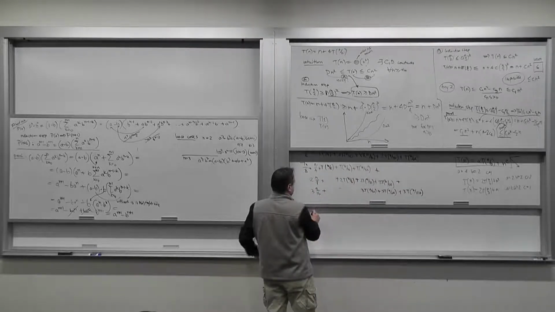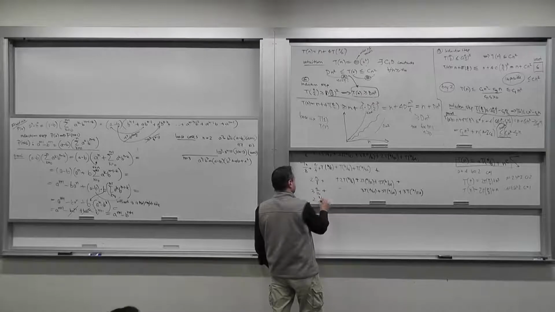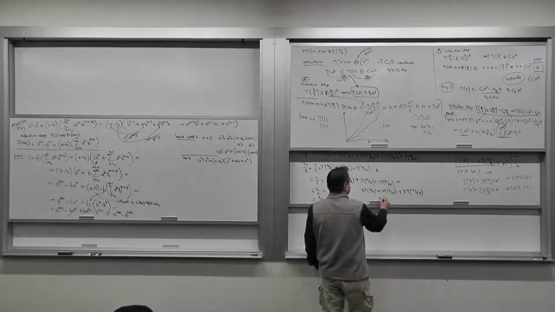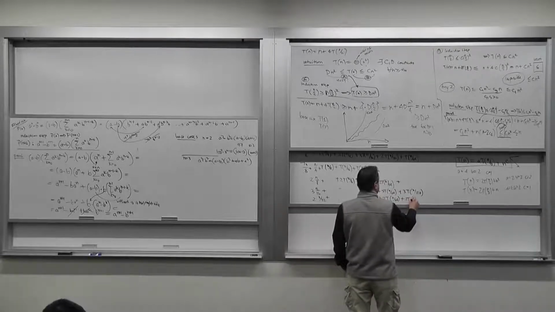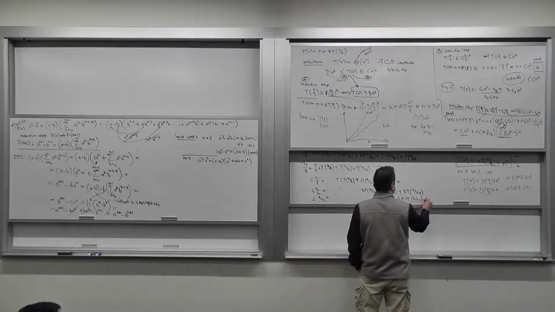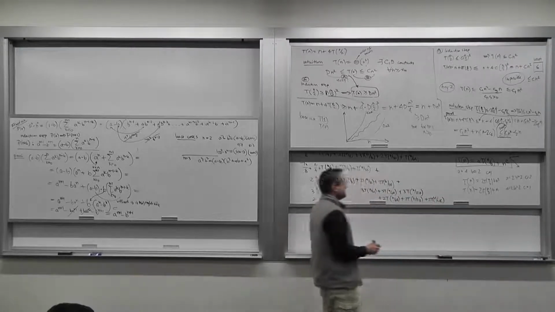Plus, I'm moving up to 2. Let's write another one here. 2n by 32. I'm going to have 2T of n by 64 plus 2T of n by 128 plus 2T of n by 256.